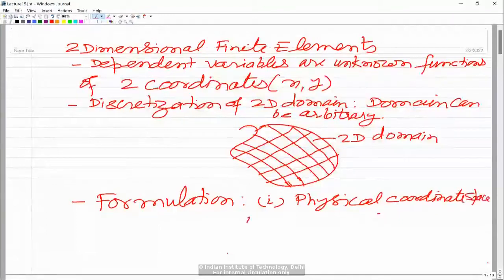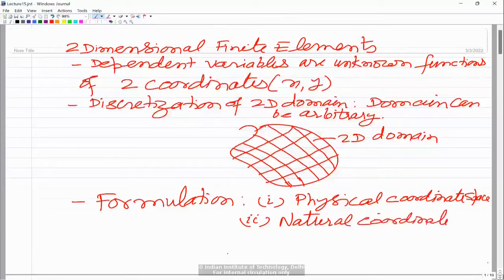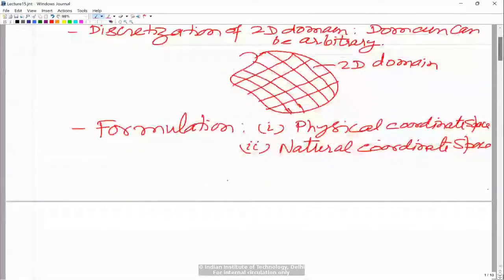The second is the formulation in natural coordinate space, where unknown variables are interpolated in terms of natural coordinates. When I discuss it, I will tell you what we mean by natural coordinates and how the formulation is done. First I am going to discuss the formulation in the physical coordinate space.